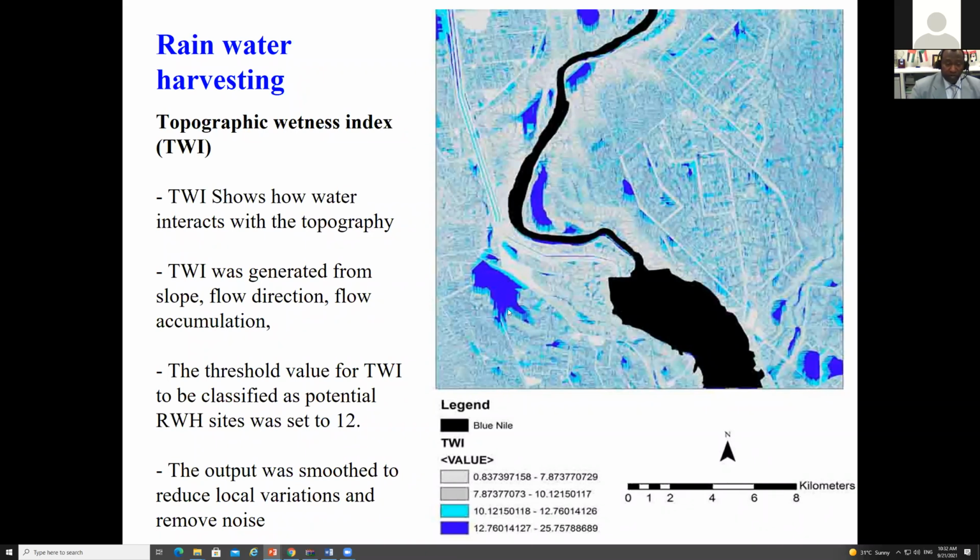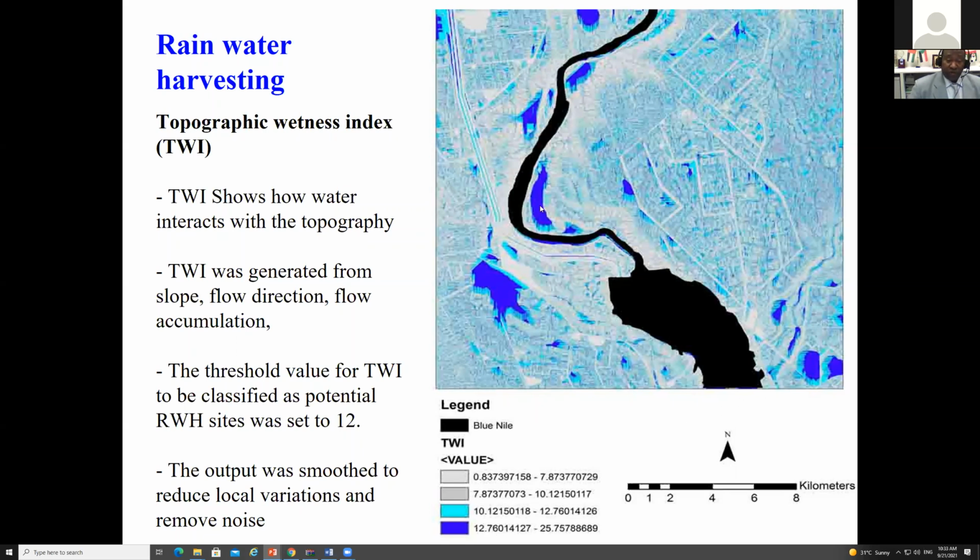For our case here, we classify the output from the Topographic Wetness Index, and we find that values between 12 and 25 are suitable for rainwater harvesting, as highlighted here in blue.